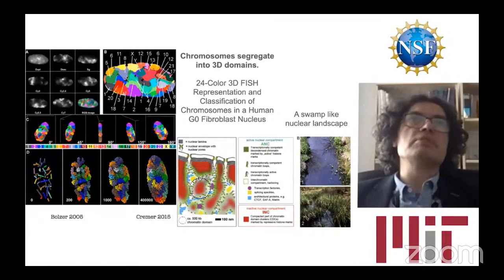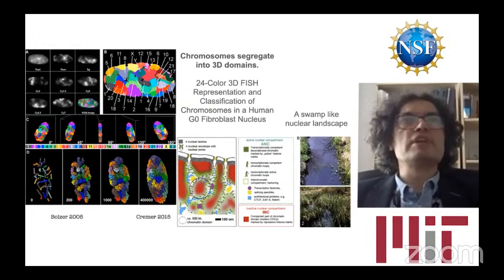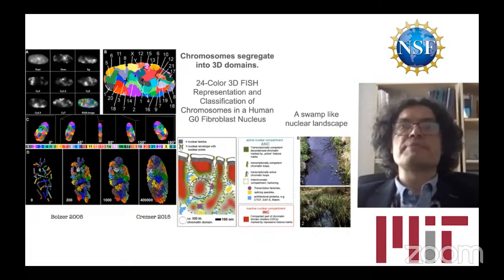So they will actually stay separate. That means that actually it's not a random polymer. It's actually a very well organized cellular nuclear machinery.